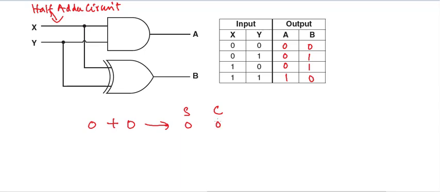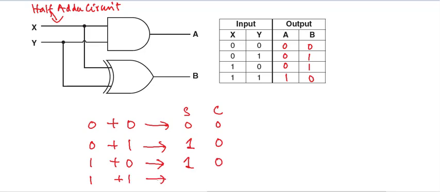If you were to do 0 plus 1, then you would get 1 as the sum and there would be no carry, right? If you were to do 1 plus 0, 1 would be the sum and you'd get no carry. But if you were to do 1 plus 1, you'd get 0 as the sum and 1 as the carry.